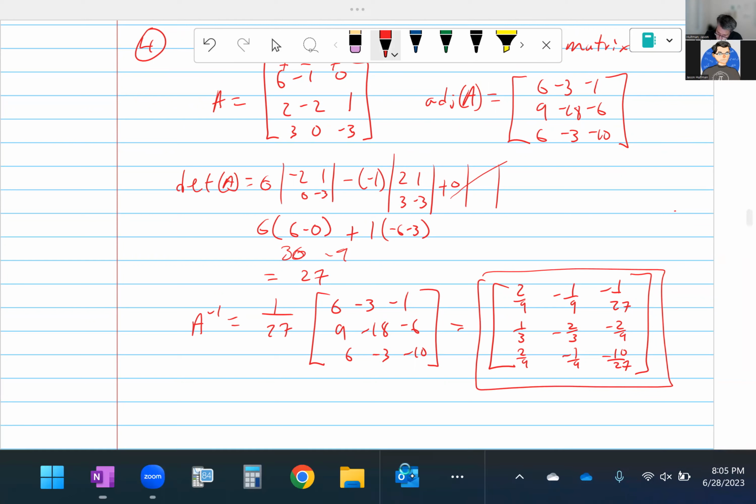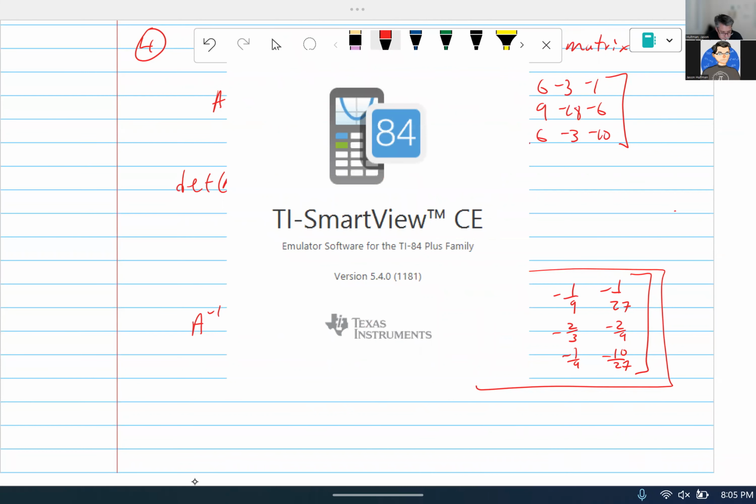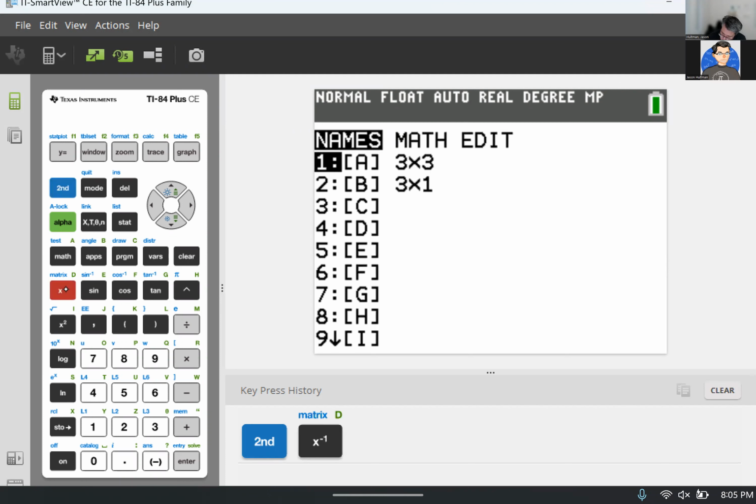Okay, so let's go back to the calculator and make sure we have the 3x3 matrix that we want to work with. It's not the same because the last one was the determinant and it got 10. This determinant should be 27, but let's just verify. So we're going to go to second, x to the negative 1, that's matrix.